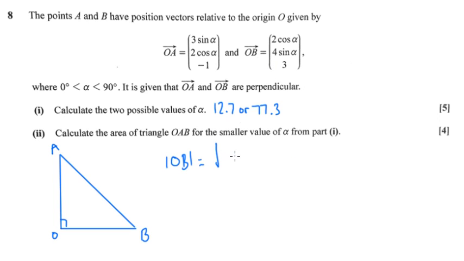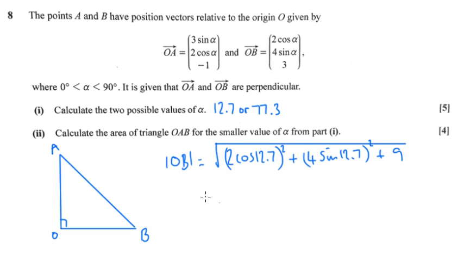So we're going to have 2 cos 12.7 all squared plus 4 sine 12.7 all squared plus 3 squared, added together, square rooted.